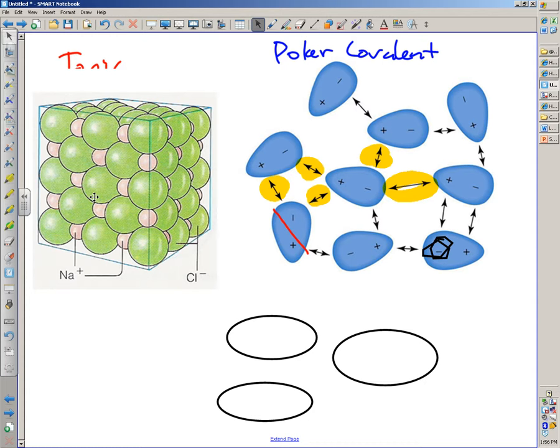So a molecule deals with a group of atoms that are covalently bonded. A formula unit deals with a group of atoms that are ionically bonded. A formula unit is more like a ratio within that big crystal. Like Ryan said, if you could isolate one sodium and one chlorine, that would be like an ionic molecule, but that doesn't happen in nature.